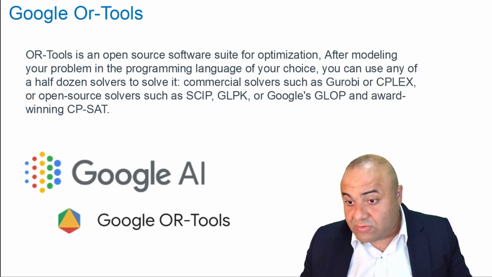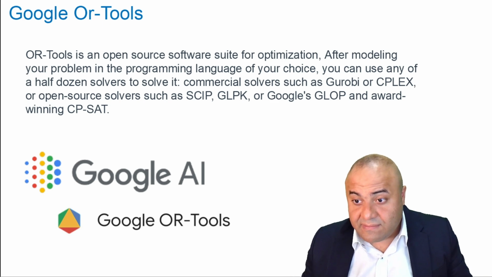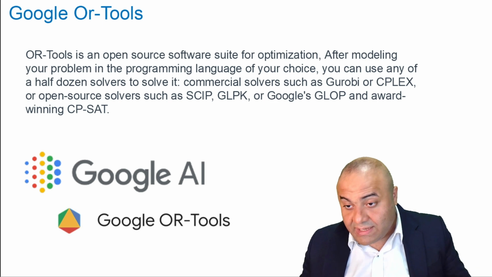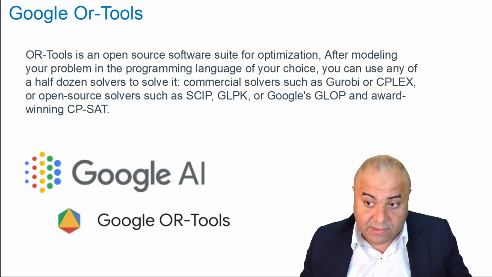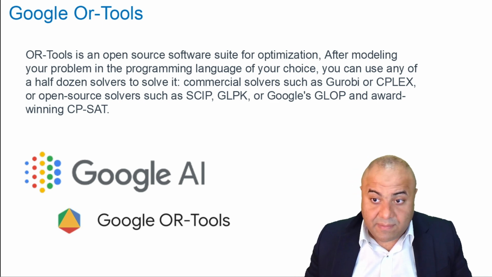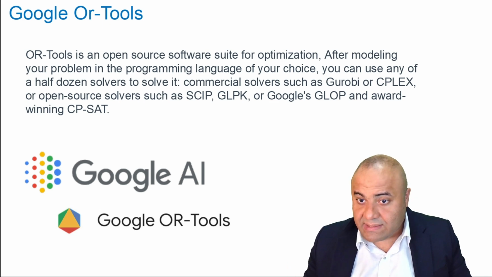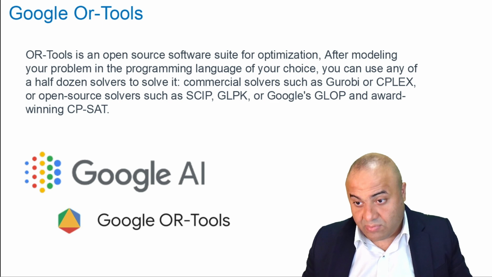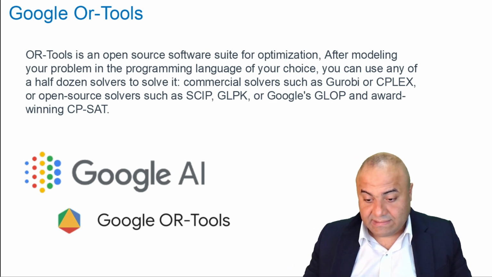In Google OR Tools, you can use many different solvers. Some of them are commercial, that is, you have to actually pay money to use them. And some of them are open source, such as CP-SAT, that is going to be used in our program in the subsequent classes.